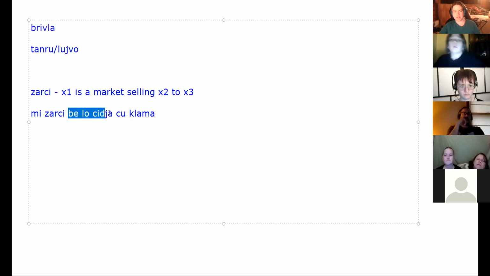This be attaches it to zarshi. So with these tanru, you can make these compounds, and you can attach stuff to the earlier ones. If it doesn't have a be, it just attaches to klama, like mi klama. But if you have a be in it, you can attach it to one of those modifiers.